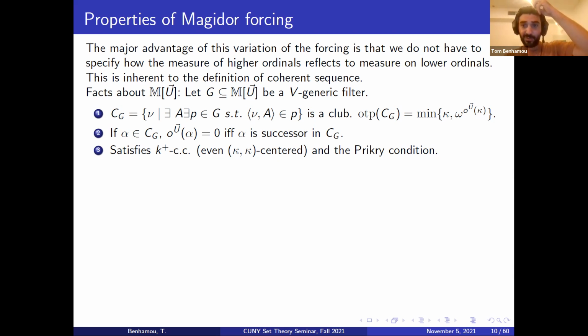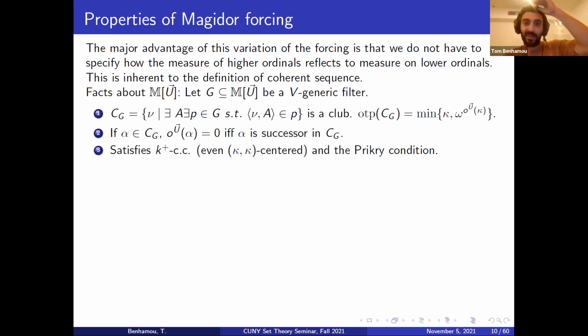And MU satisfies the Prikry condition, which says basically that for any formula sigma in the forcing language and any condition P in MU, you can directly extend P, so without adding any ordinals, just shrinking the measure 1 sets, such that the direct extension decides the statement sigma.